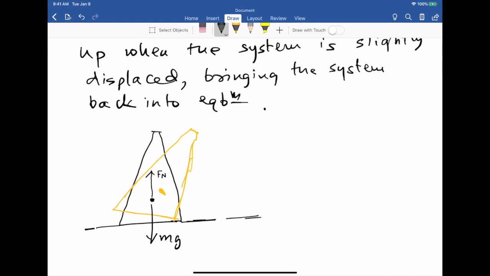When you tilted it a little bit, mg is still acting down from the center of mass. But what about the normal force? The normal force is now acting through the right corner, because that's the only point that's in touch with the ground. So the normal force is acting from the right corner up like this.